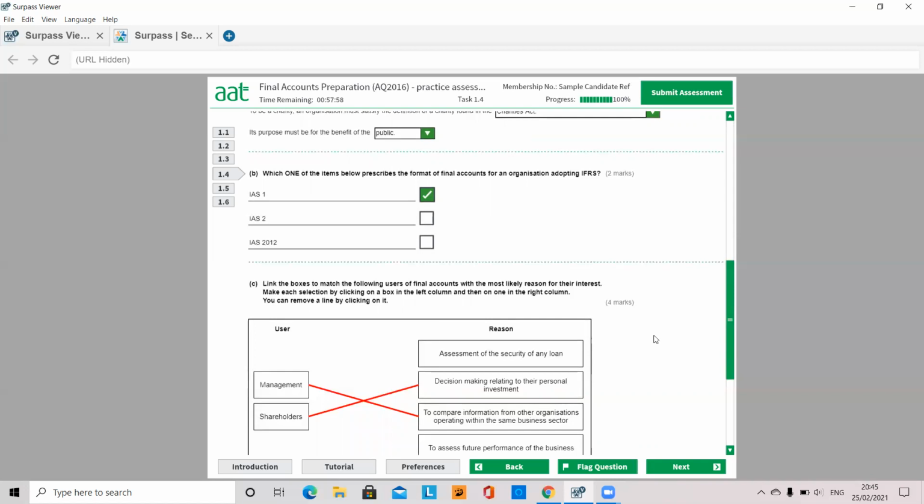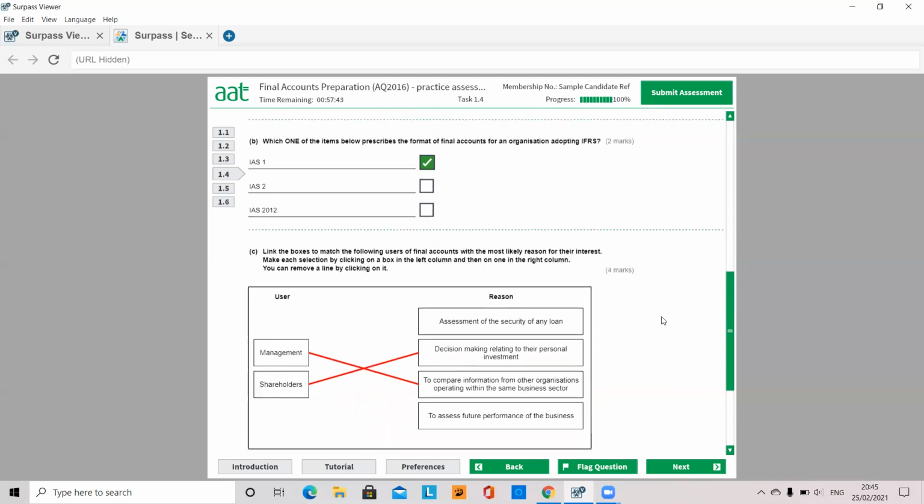Next one says, link the boxes to match the following users of final accounts with the most likely reason for their interest. Okay. It says, make a selection by clicking on the box to the left and then the one on the right. So in other words, management. So management, so far as what their main interest is. So I'll take it off for you.